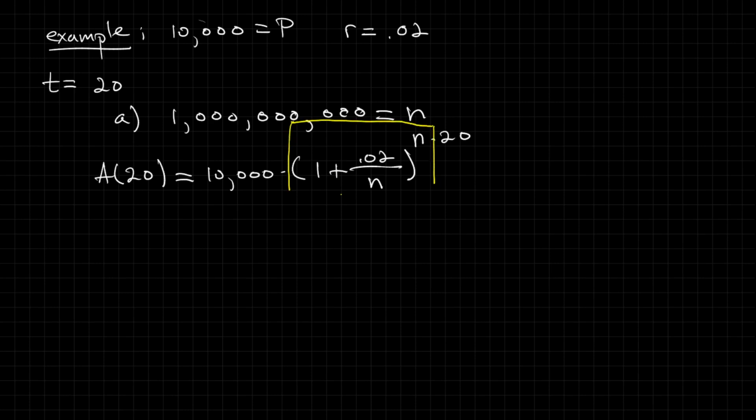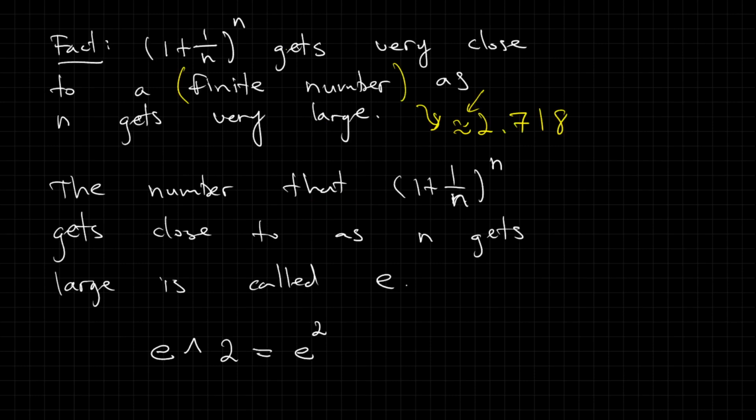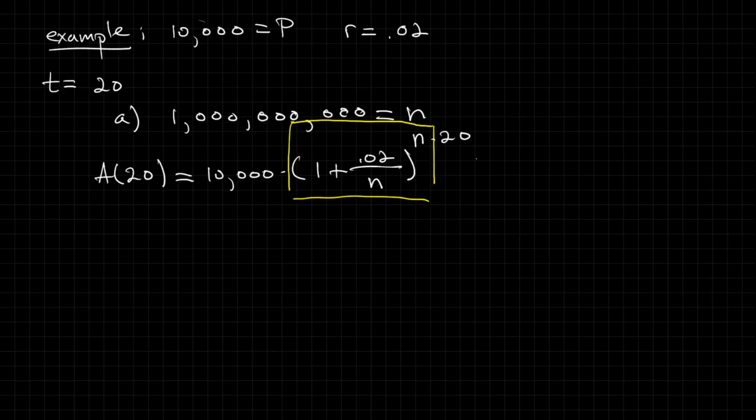So I'll box this. This looks very similar to e. Remember, n is a billion, so n is quite large, and instead of 1, I have 0.02 divided by a really large number, to a really large number. And that looks almost exactly like this. That's a little hint that e will be useful in this kind of example.